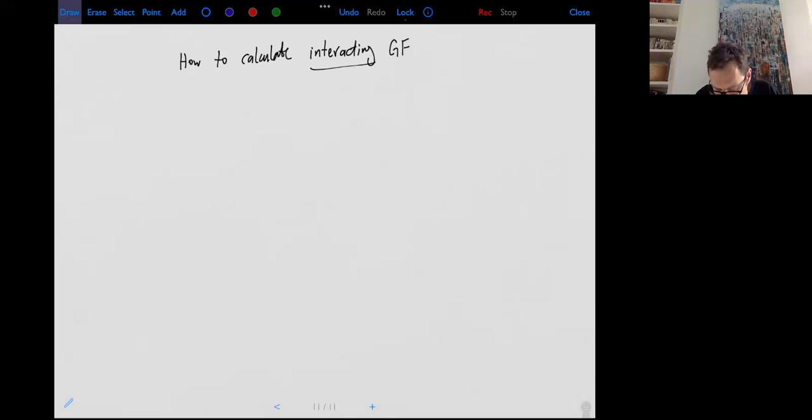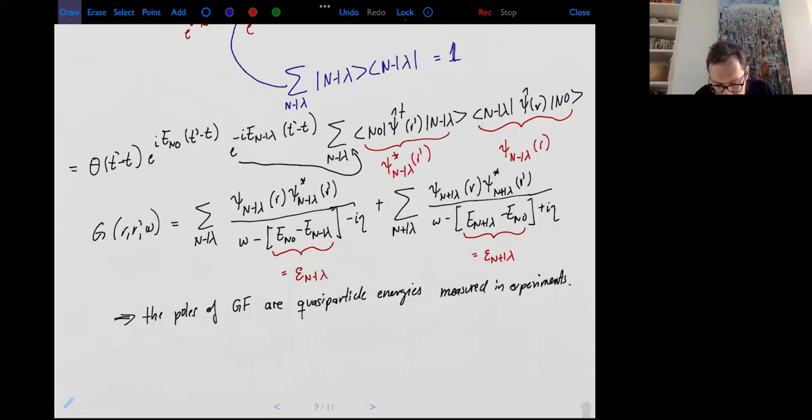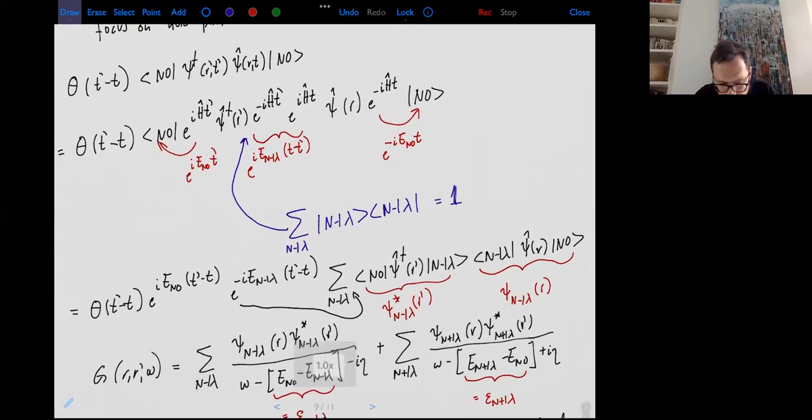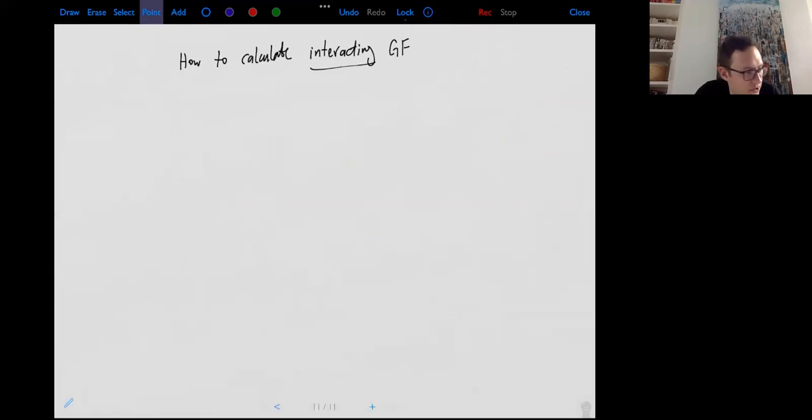So let's see. Where do these interactions come in? When we look at this expression here, we see that we have these Hamiltonians. And these Hamiltonians can be written as a sum of two contributions: one contribution that excludes the electron-electron interactions, and the part of the Hamiltonian that captures the electron-electron interaction.